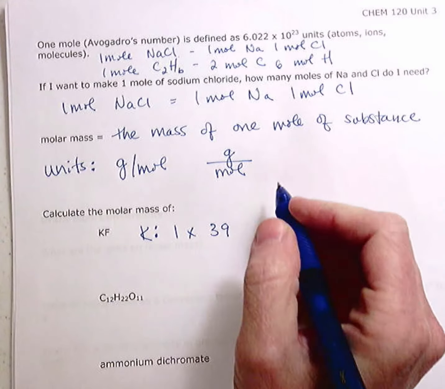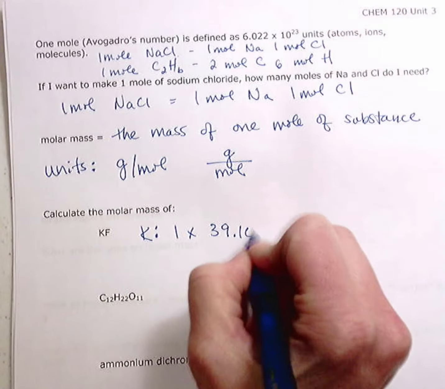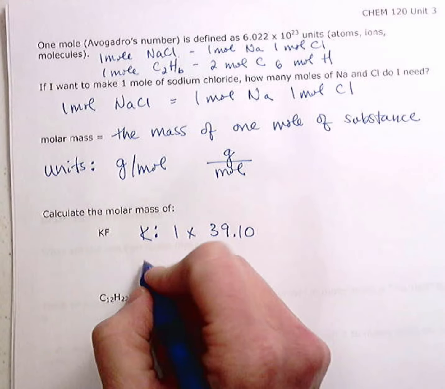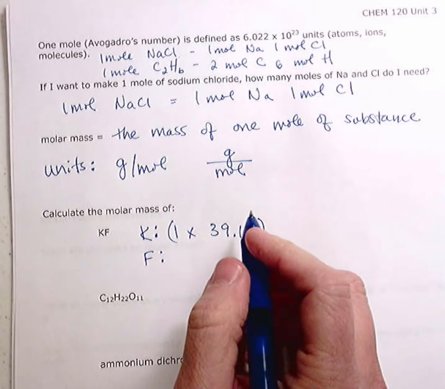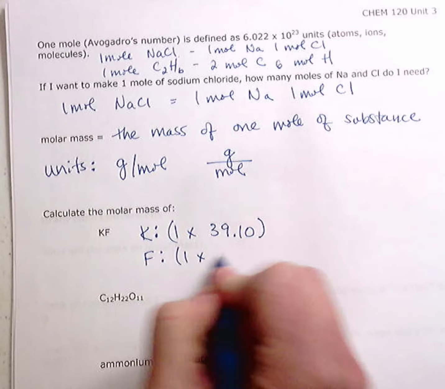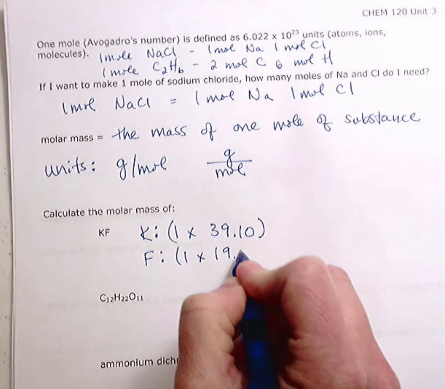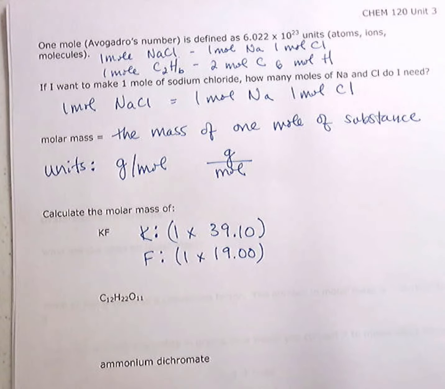I'm going to round to the hundreds, everything except hydrogen. Fluoride is 1 times 19. Then I'm going to add that together, and I'll come up with the molar mass of potassium chloride.